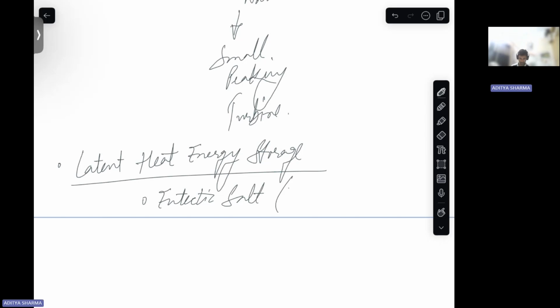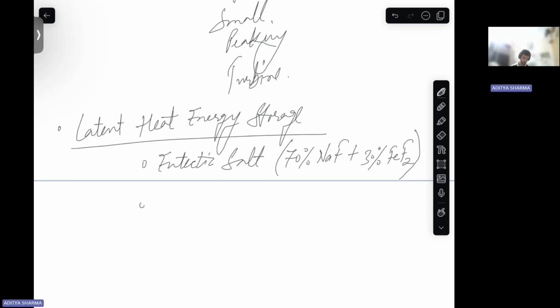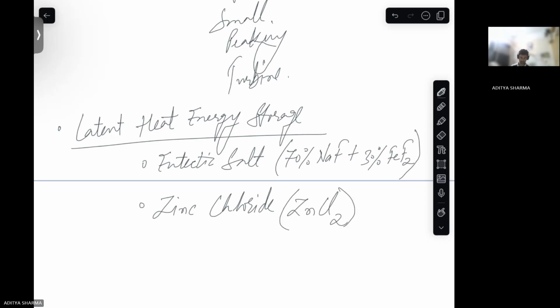So this eutectic salt is basically sodium fluoride plus ferrous fluoride, FeF2, and then zinc chloride is also used.